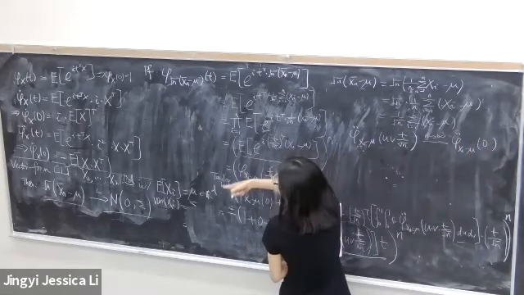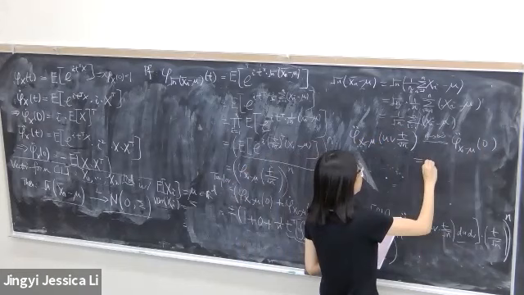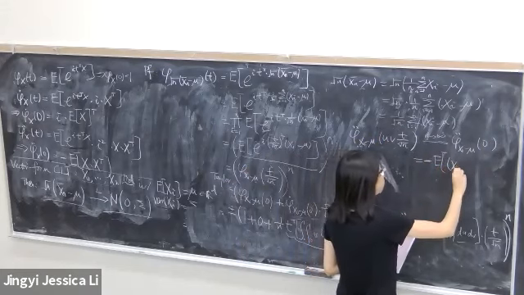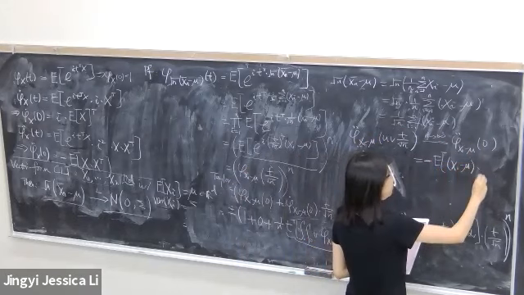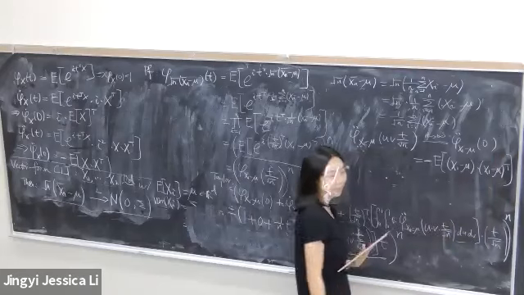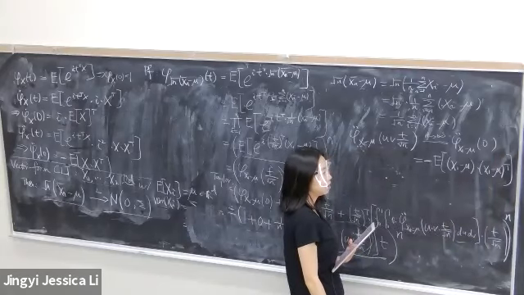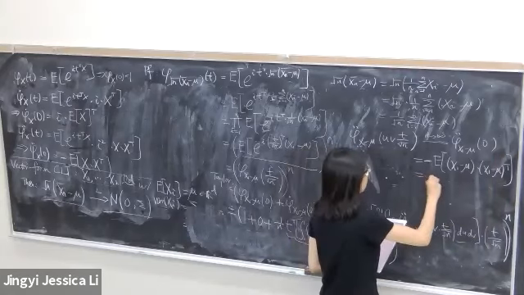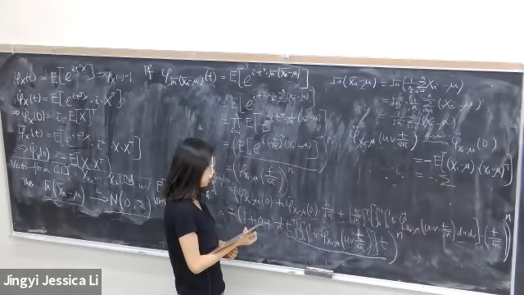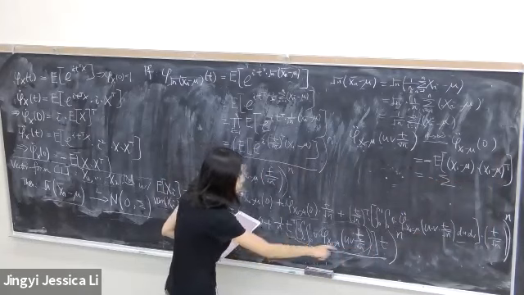And by what I have over there, it will be equal to negative expectation of x1 minus mu times x1 minus mu transpose. And this is the definition of the covariance matrix. So this will be the limit for this part.